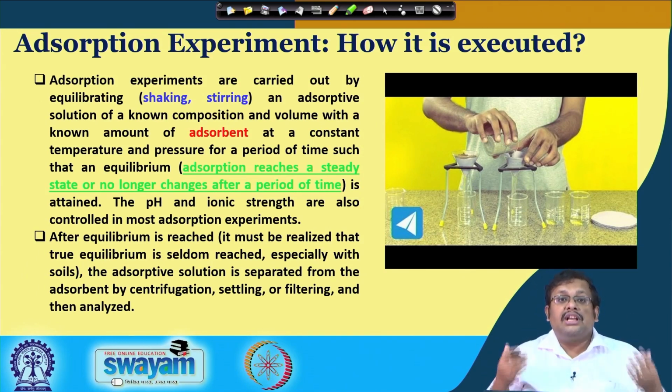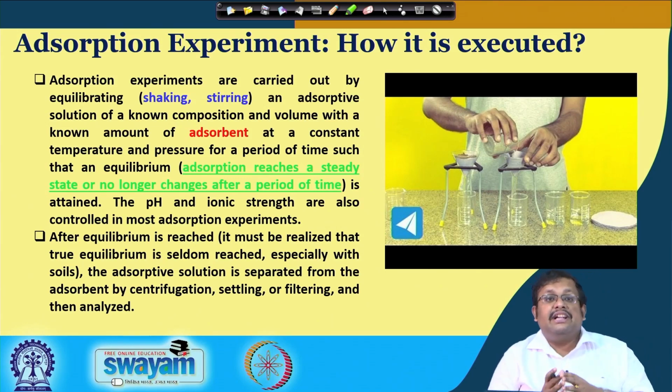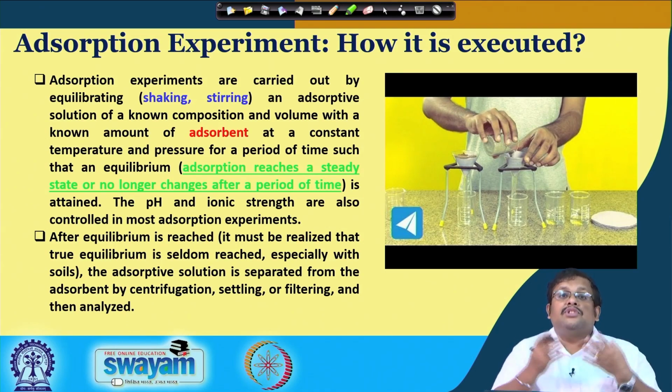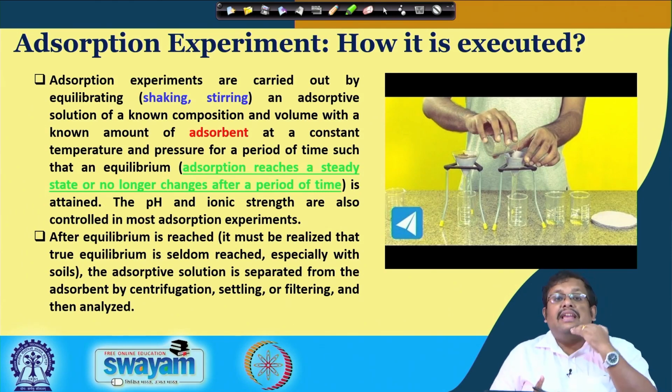Adsorption reaches the equilibrium stage when it reaches a steady state and no longer changes after a period of time. At that time we can see that equilibrium has been attained. The pH and ionic strength are also controlled in most adsorption experiments. After equilibrium is reached, the adsorptive solution is separated from the adsorbent by centrifugation, settling or filtering, and then analyzed.